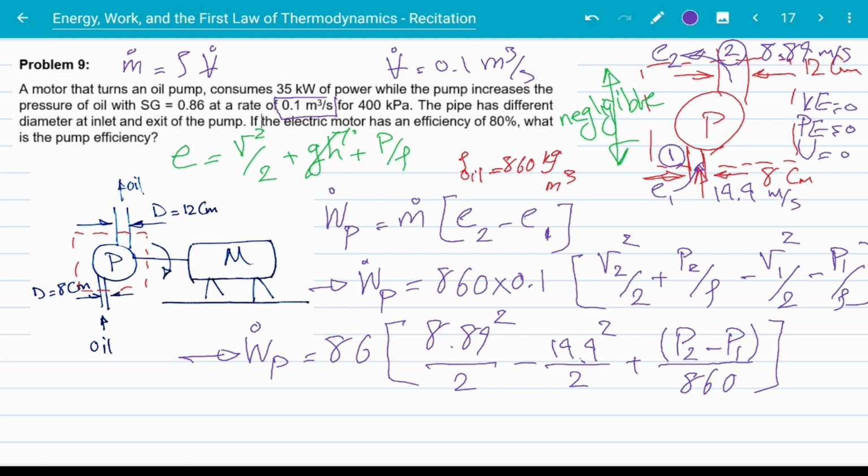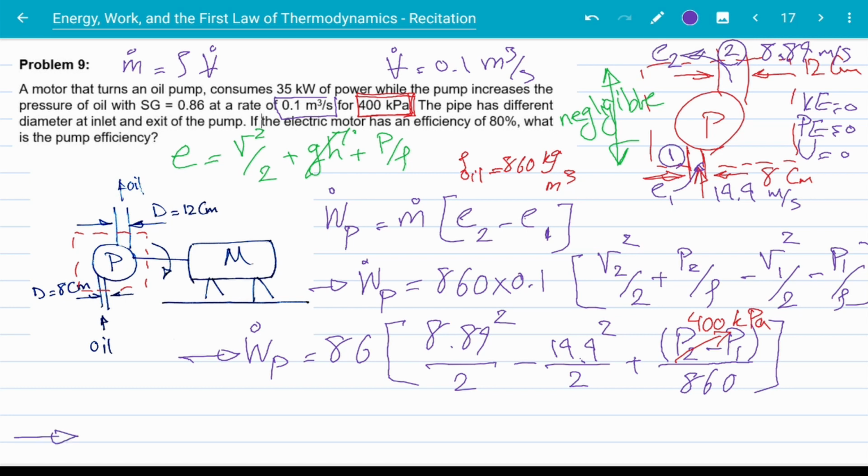P2 and P1 are not known individually, but we know their difference. P2 minus P1 is the pressure rise that the problem has given us. It's 400 kilopascals. Now, be careful. We need to convert kilopascals to pascals in order to have unit consistency. So this is actually 400 times 10 to the power of 3 pascals.